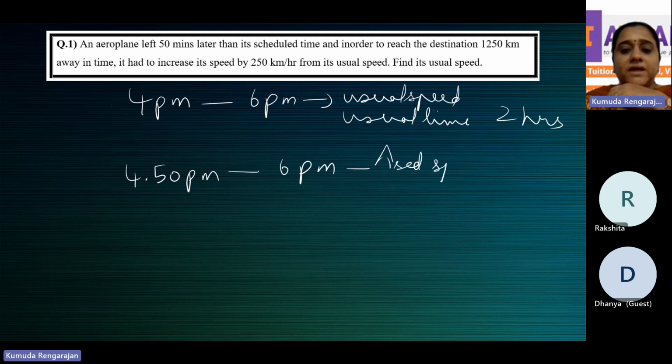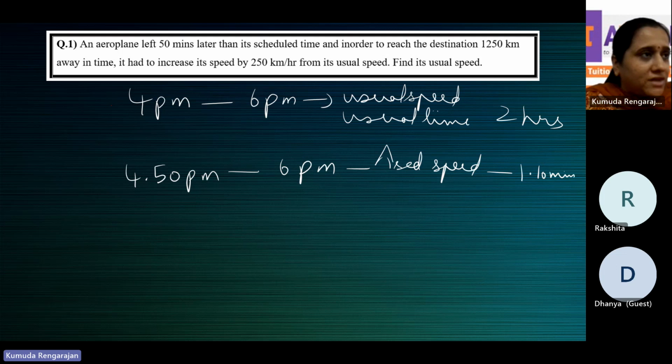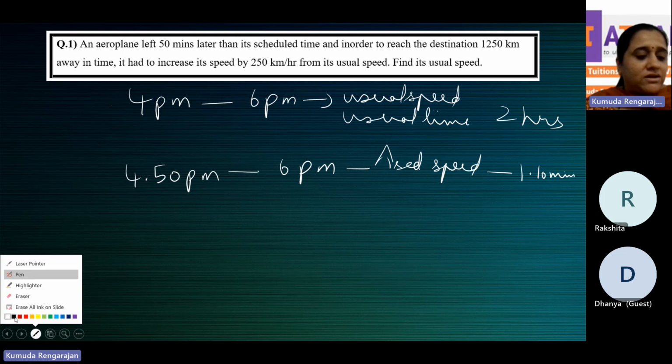What's the time taken now? 1 hour 10 minutes. What is the difference in the time taken? 50 minutes. That's already there in the question. So you should start from there. Difference in time taken.